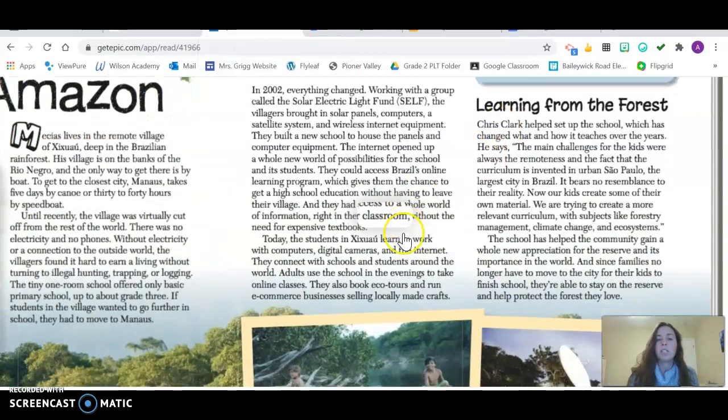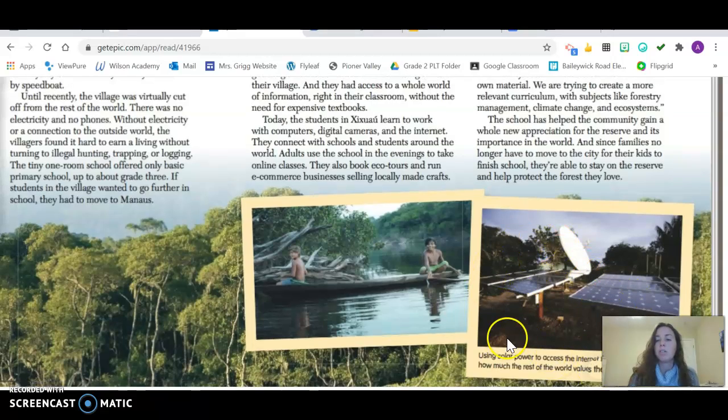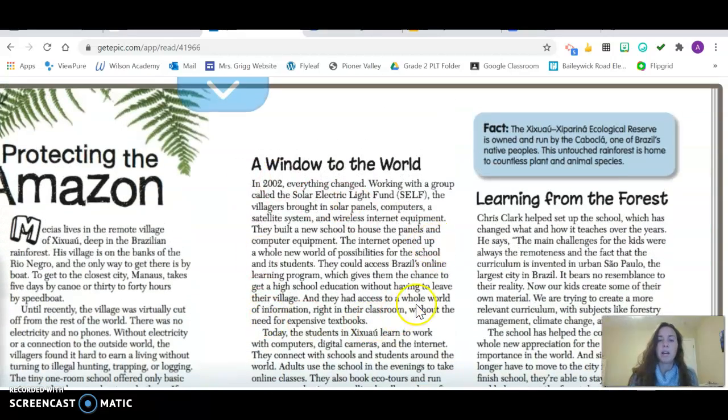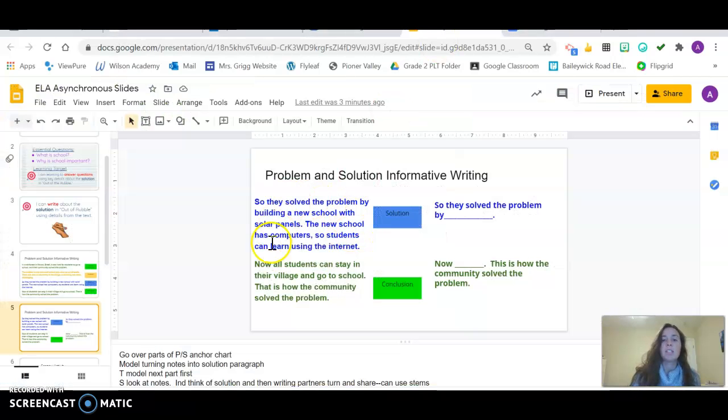Notice how this information came from the words and pictures in the text. Here I see the solar panels, and here this paragraph talks about how they had access to a world of information right in their classroom without the need for textbooks, that they learned to work with computers, digital cameras, and the internet. I use those details from the text to help me with that part of my writing.